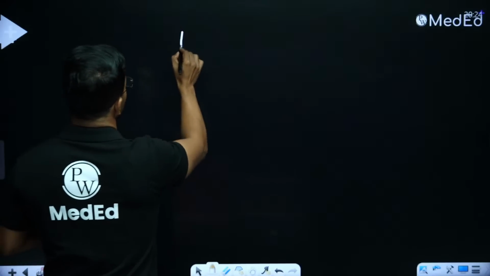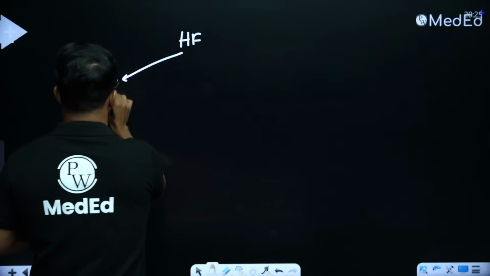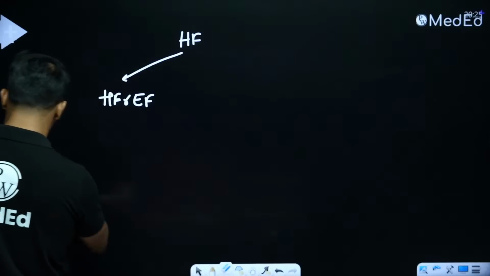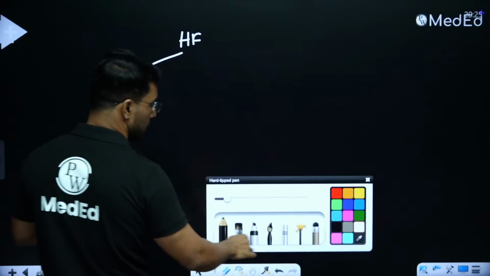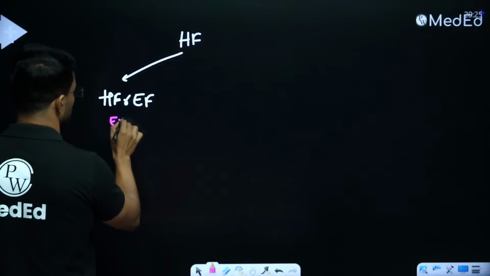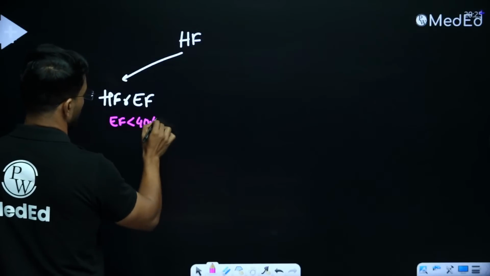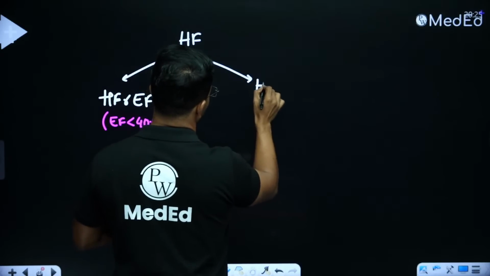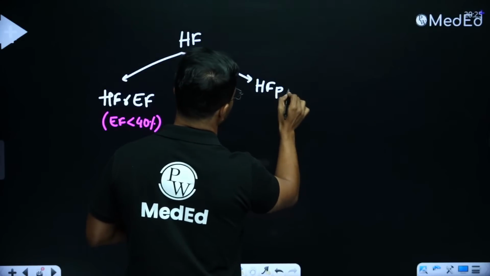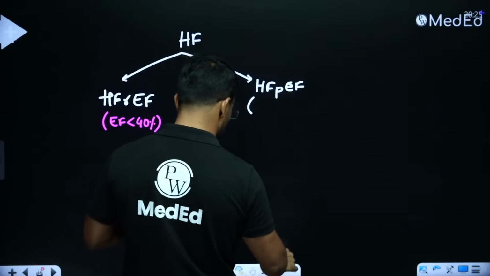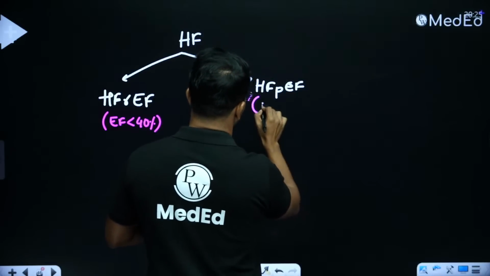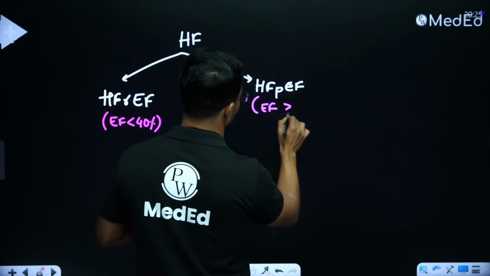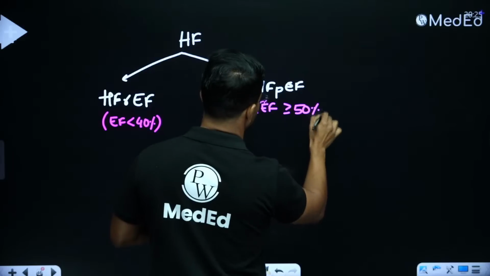So as you know, heart failure can be classified as heart failure with reduced ejection fraction when the ejection fraction of the patient is less than 40%. So when EF is less than 40%, we call it heart failure with reduced ejection fraction, and when the ejection fraction is more than or equal to 50%, we call it heart failure with preserved ejection fraction.